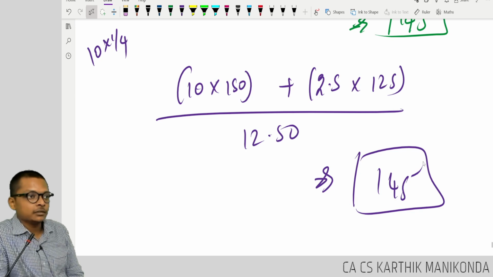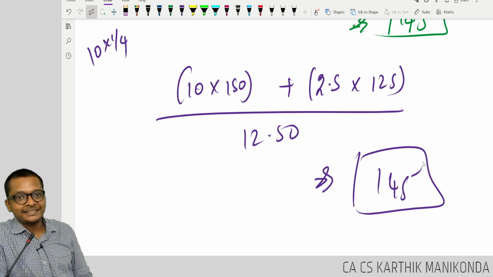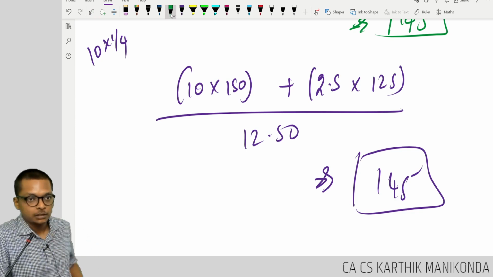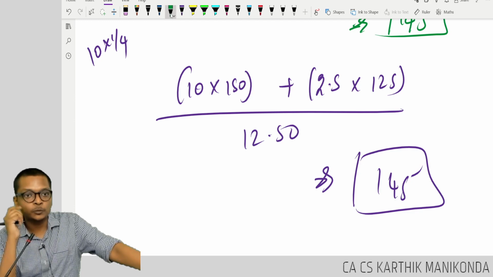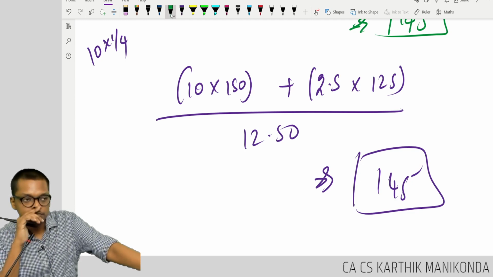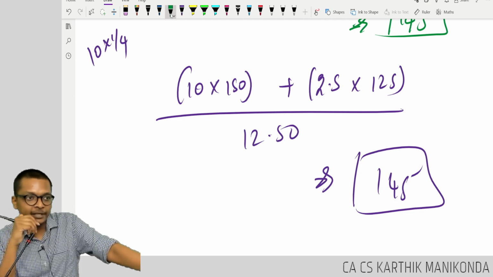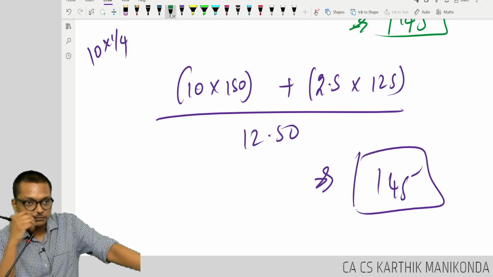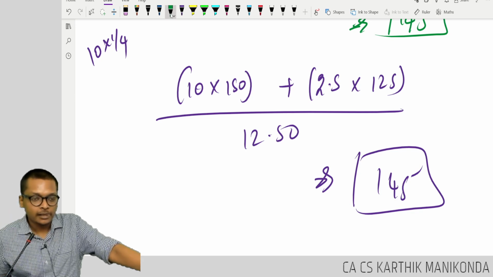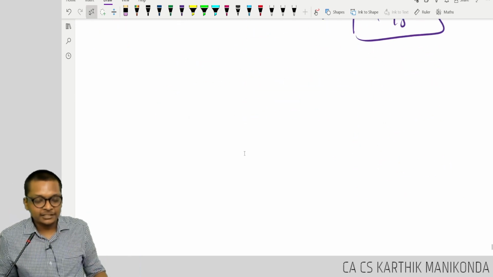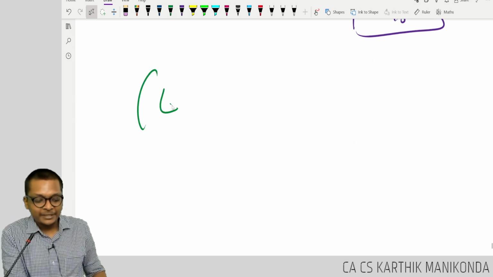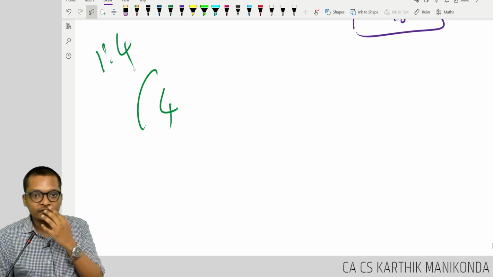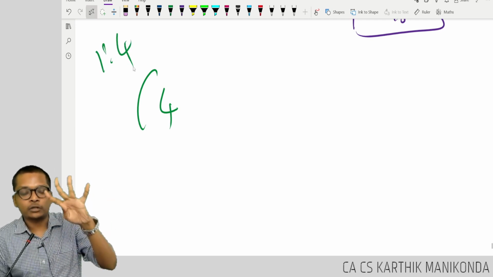If you are assuming 10, are you getting the same answer? 145 is coming up. So you can assume any number of shares. It's a ratio. In the book, they have assumed, since the ratio is 1:4, that the company has four shares.